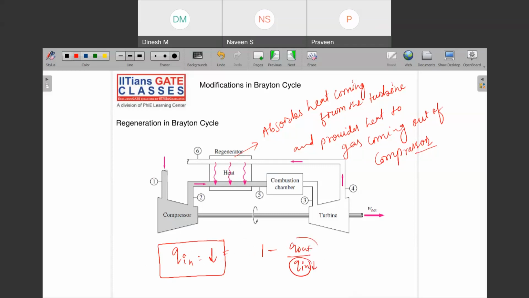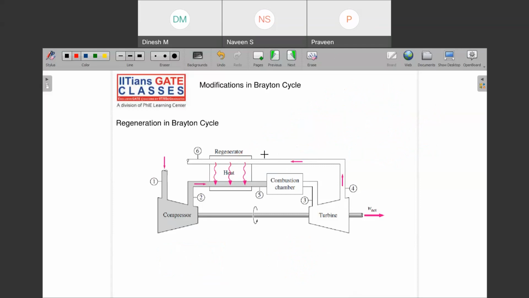Let us not understand it in that way; we should simply understand that if we are able to decrease the amount of heat supplied, then my efficiency has the chance of getting improved. So this is one of the modifications which is possible, which can increase my efficiency.